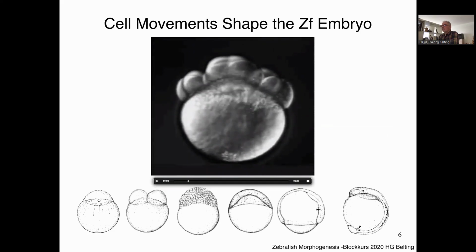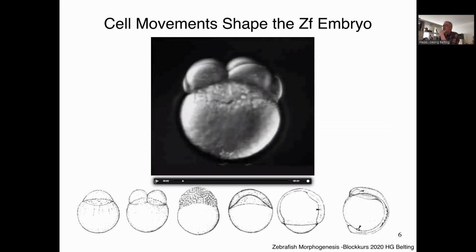Oops. So what happens first is you have cleavage divisions. Cleavage divisions are these incomplete divisions. They are symmetric. They are synchronous. So you go from 2 to 4 to 8 to 16 and so on cells, very fast, as I mentioned before.